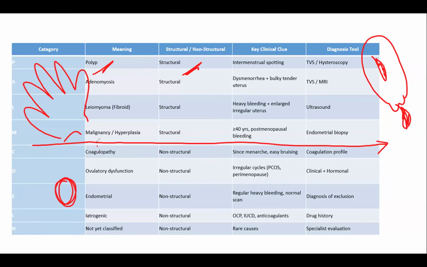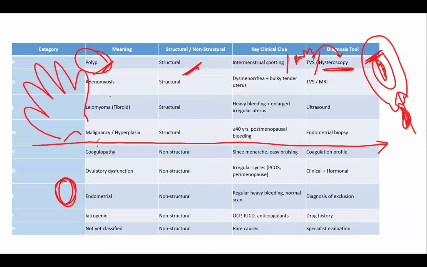If a patient tells that she is having intermenstrual spotting, maybe with heavy flow at the time of period, always rule out a polypoidal growth. Do a scan first, and if the scan is showing some growth, go with hysteroscopy, because you can put a camera inside the uterus, see the polyp, and also treat at the same time. Am I clear?